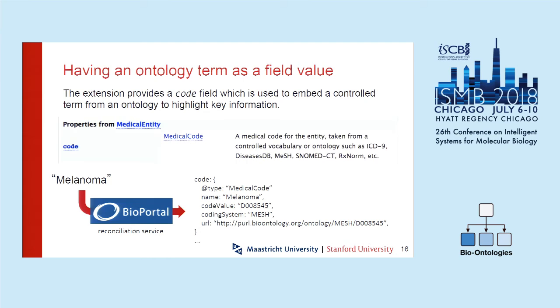The way you can implement this, as shown here, is to use an automated service, for example, one provided by BioPortal. We call it a reconciliation service. Given a label, so imagine your content has a biomedical label, using this reconciliation service, you can get the ontology term for that label.